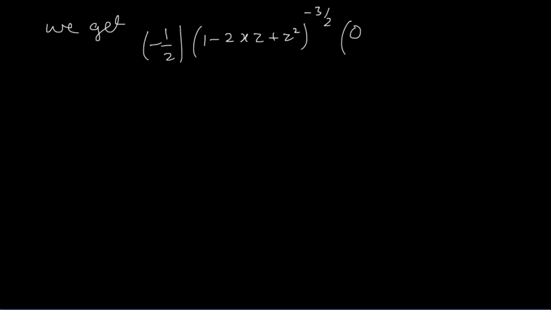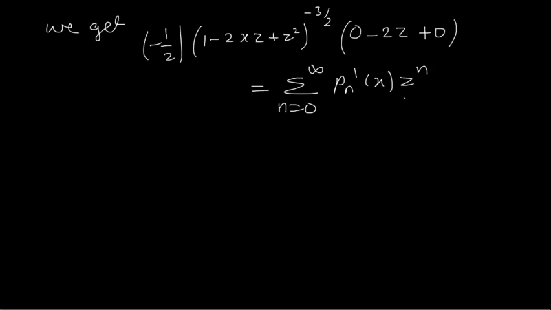So this is 0, then minus 2z, then this is again 0, which is equal to summation from n equal to 0 to infinity, Pn dash of x, differentiating with respect to x, and z raised to n as it is.